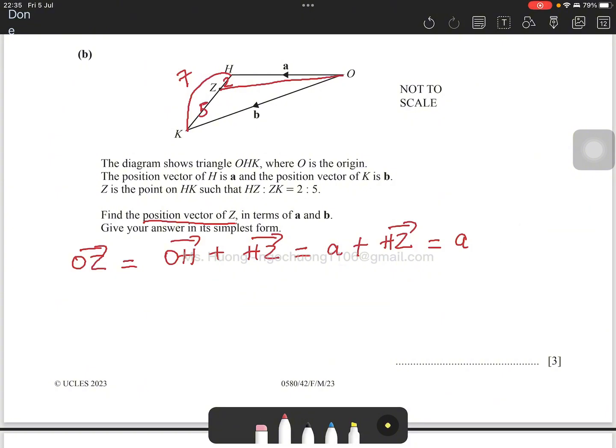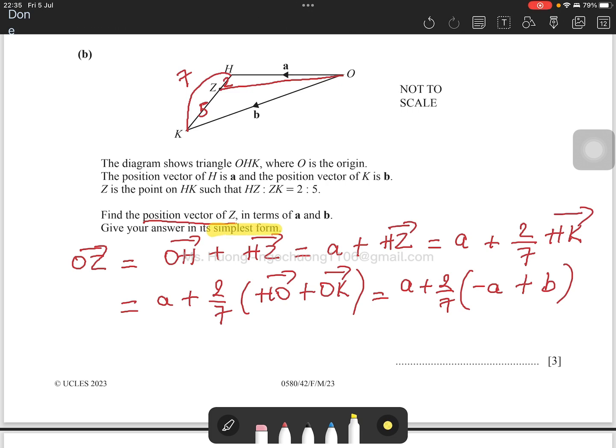Now we need to simplify the answer. So first I'll expand the brackets. a minus 2/7 a plus 2/7 b. a minus 2/7 a is 5/7 a plus 2/7 b.